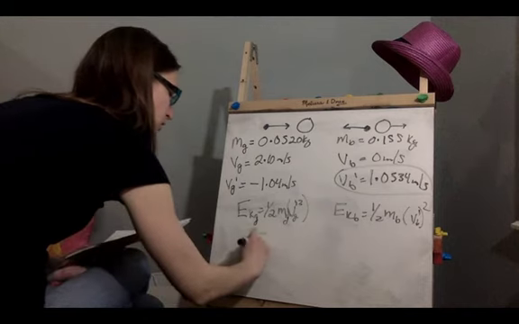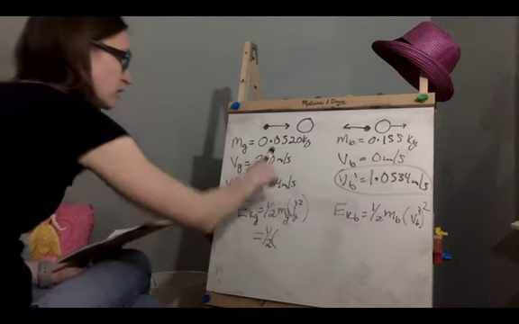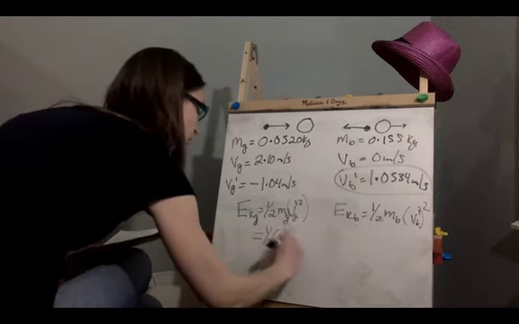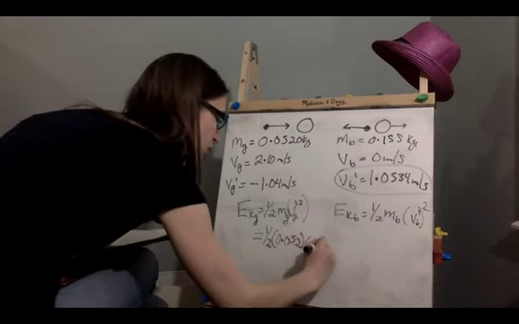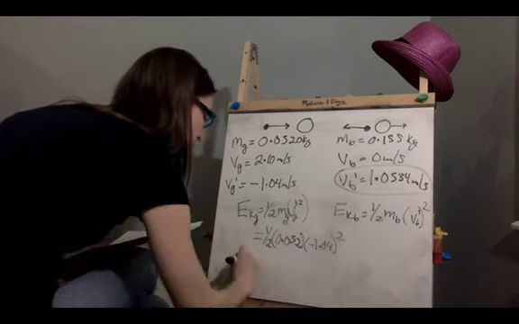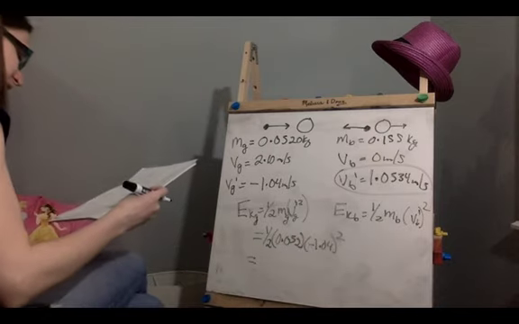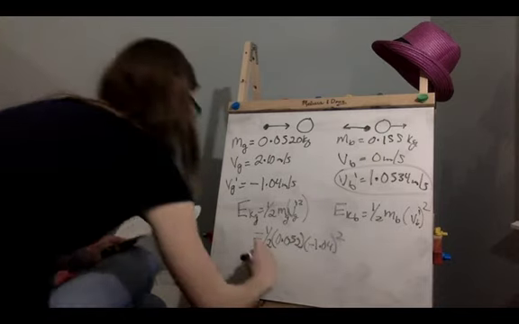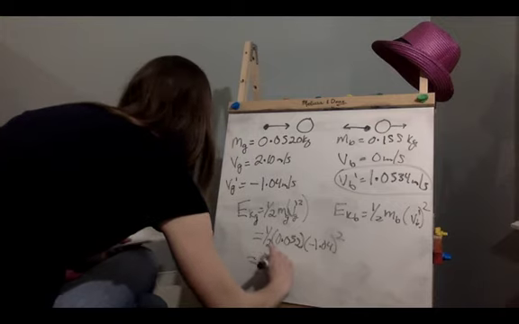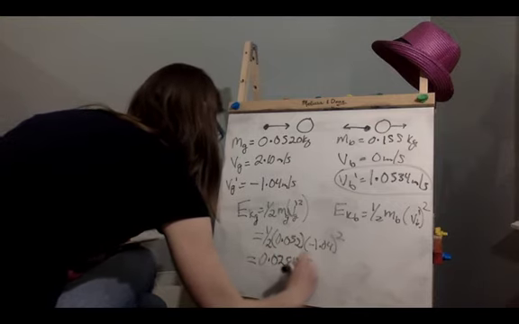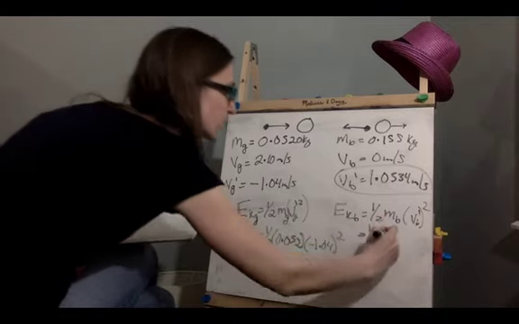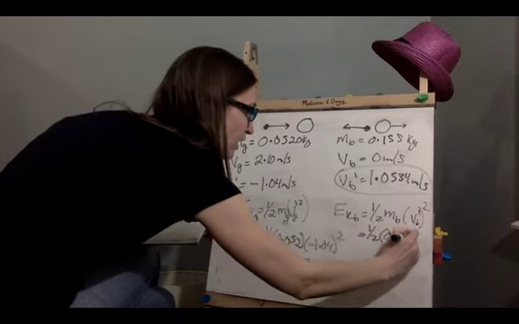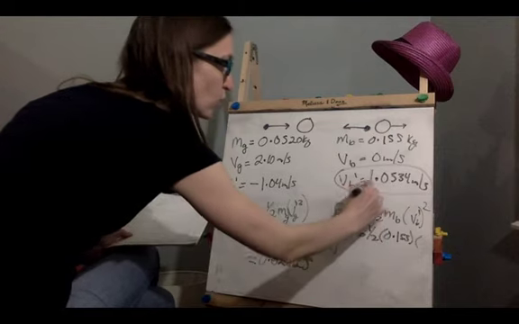So this is 1/2 times our mass, 0.052, times the negative 1.04 meters per second squared. That's where we get 0.02812 joules.